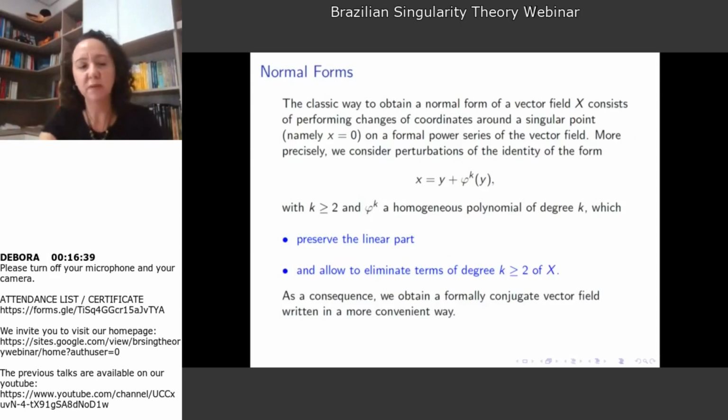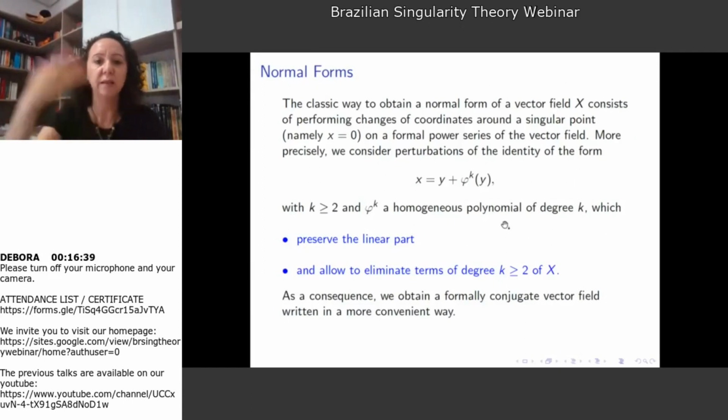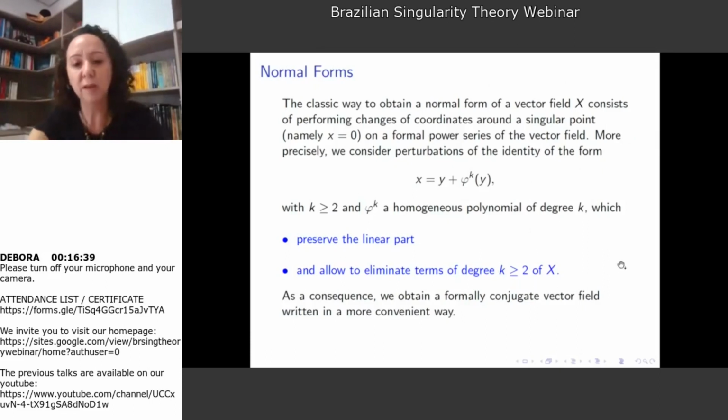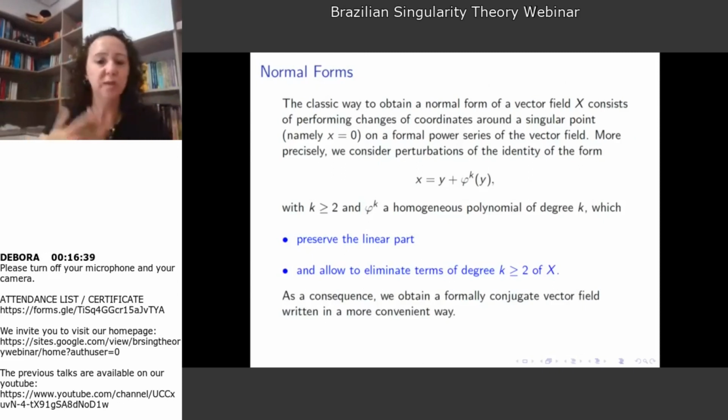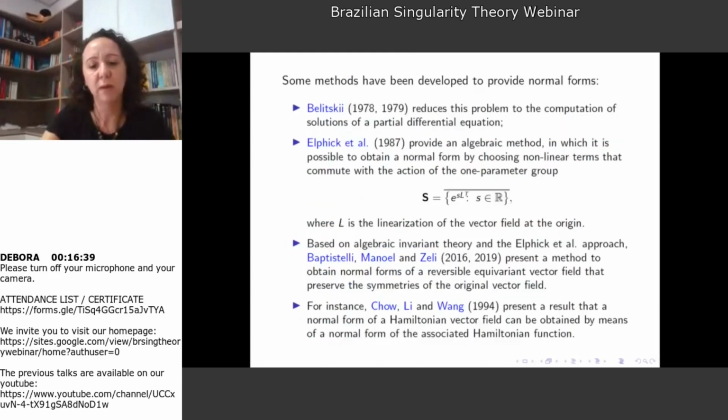It's very interesting when we study dynamical systems because they preserve the eigenvalues, etc. And another property is that we want to eliminate terms of degree greater than 2 in order to obtain another vector field in a more convenient way, or preserving the properties that the normal form needs to have. There are a lot of methods.